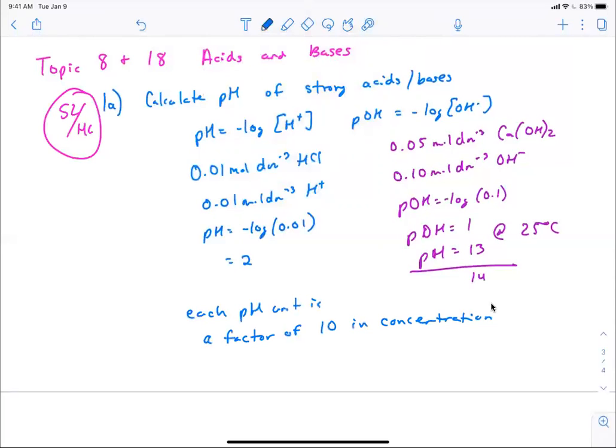If you're going from pH of 5 to 4, whatever molarity of acid produces a pH of 5, the molarity to produce a pH of 4 will be 10 times that. Or if you're going from 5 to 3, that would be 100 times as concentrated to get that same pH. So do keep that in mind as another simple concept for SL and HL in these calculations.